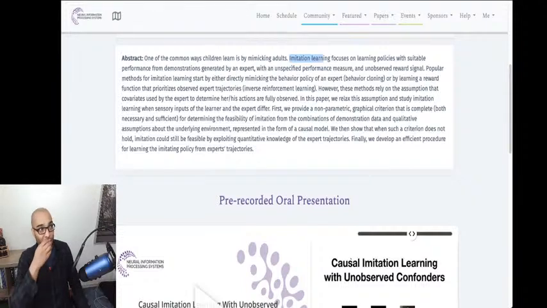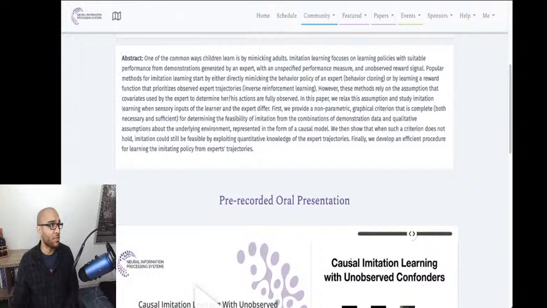There's some unspecified performance measure, so the expert is optimizing some kind of utility that we're not aware of, and an unobserved reward signal. Actually, I'm not entirely clear what the difference between performance measure and reward signal is. Maybe performance measure in terms of how well you're learning from the expert.